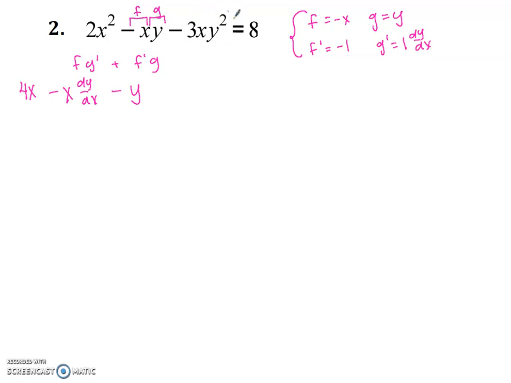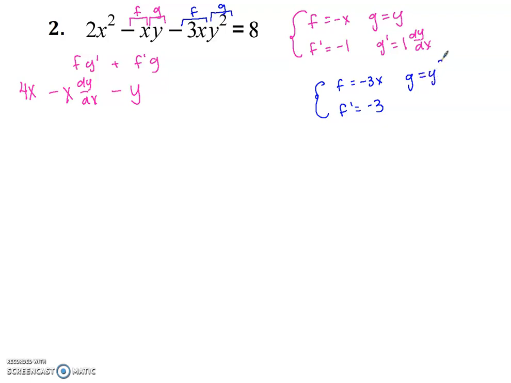Okay. Now it's time to do the derivative of this term. So we're going to have to do the product rule again. So this will be a different product rule from this one. So for that second one, my f is going to be negative 3x. So my f prime is negative 3.